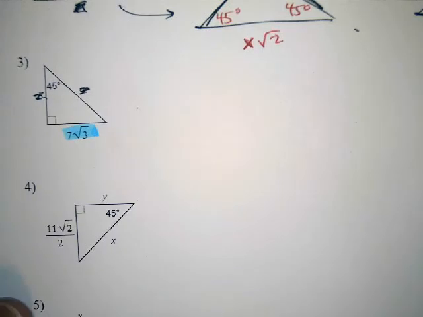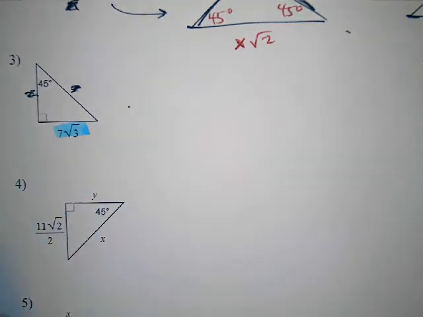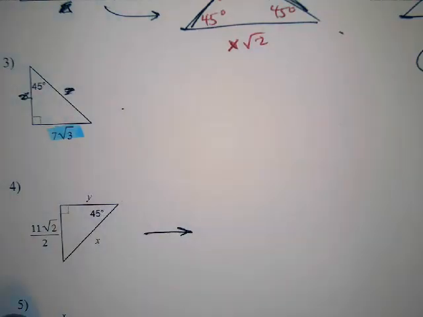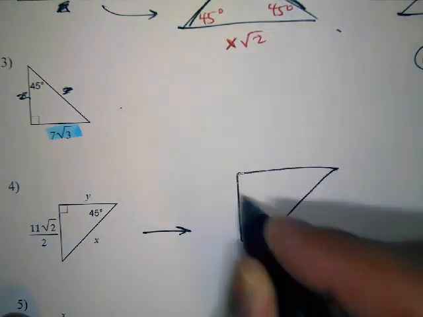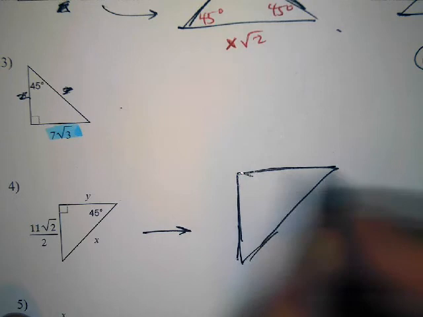Okay? Number 4. Again, you can rewind it or pause it if you need to. Number 4 looks, again, like it's starting to get a little bit intimidating. Pause it if you need to, copy it. I'm going to erase what I don't need and add what I need.